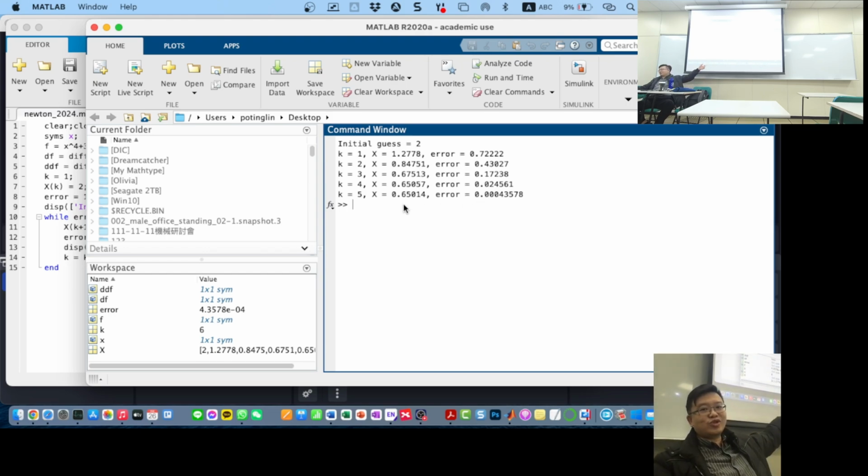So the optimal solution is 0.65. Can someone guess where the solution is when you first see the problem? I guess not. Without an appropriate optimization method, it will take you a while to find the solution.